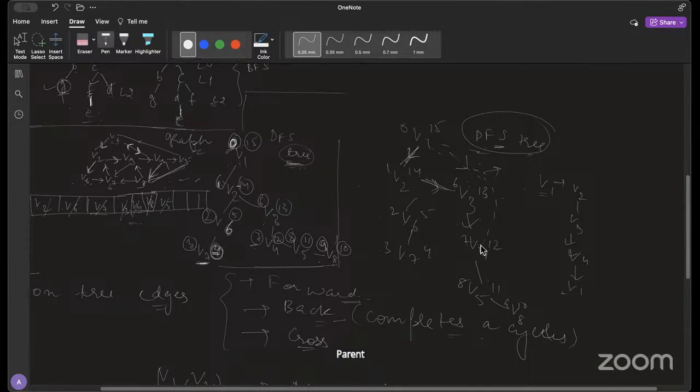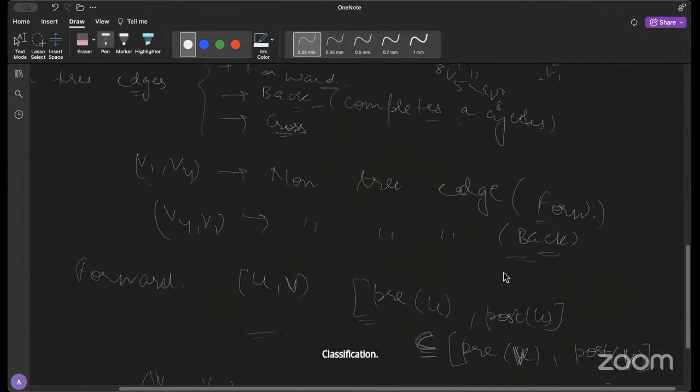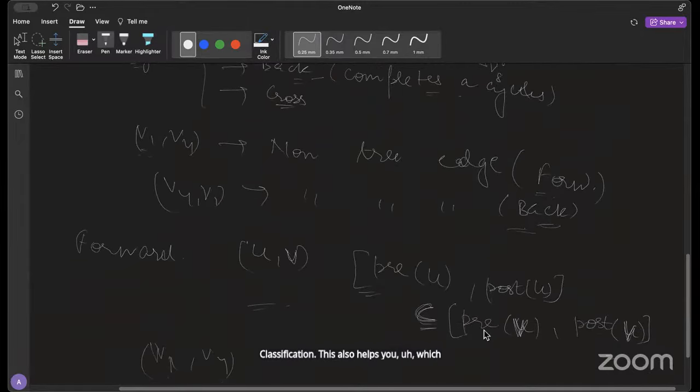V3 is a parent of V4, V2 is a parent of V3, and V1 is an ancestor of V2, V3, and V4. That's the ancestor, parent, child classification. So this also helps you see which edge is coming from which vertex.